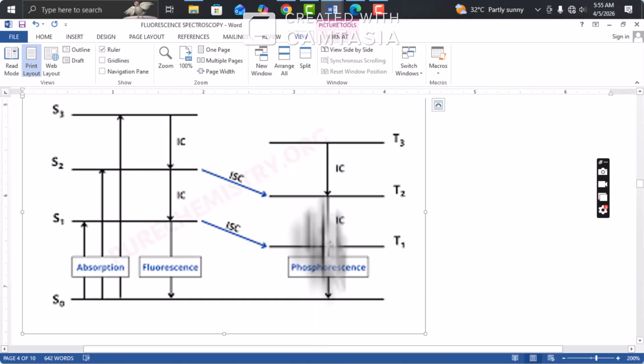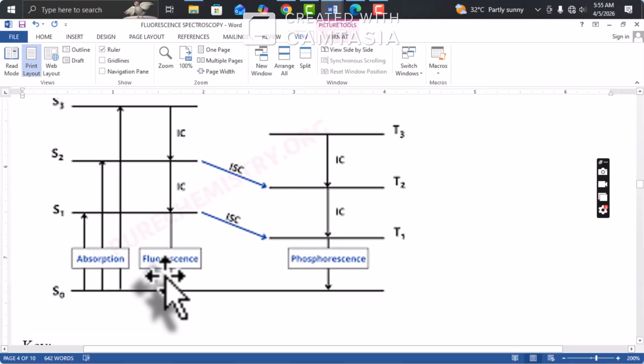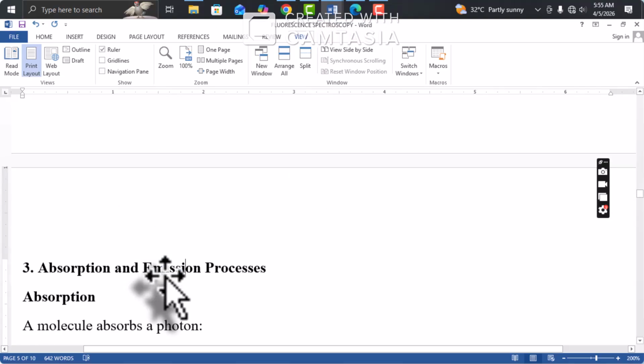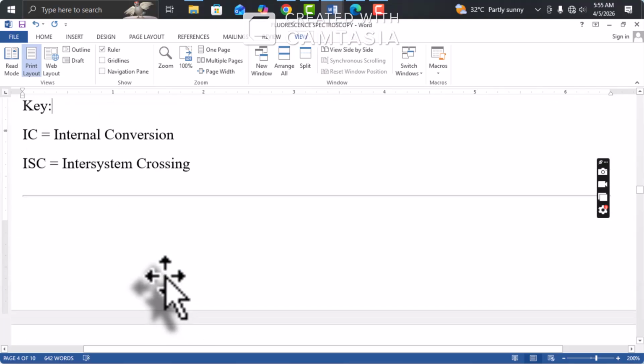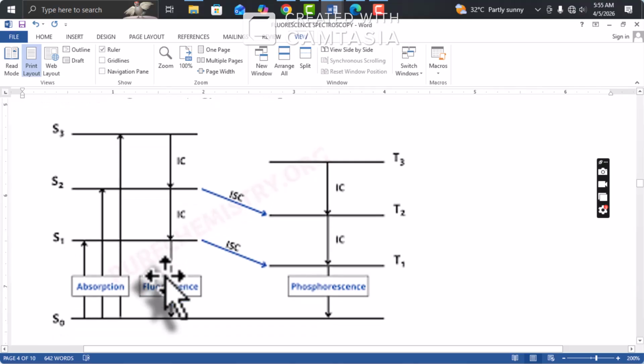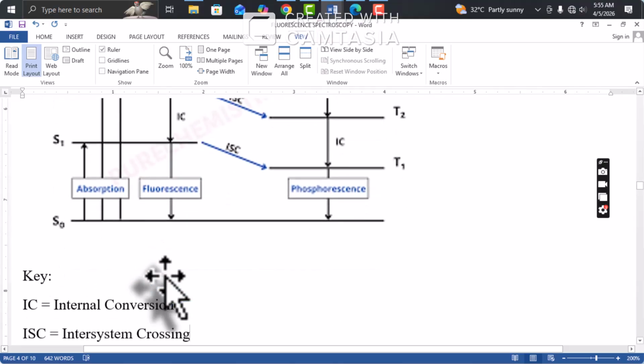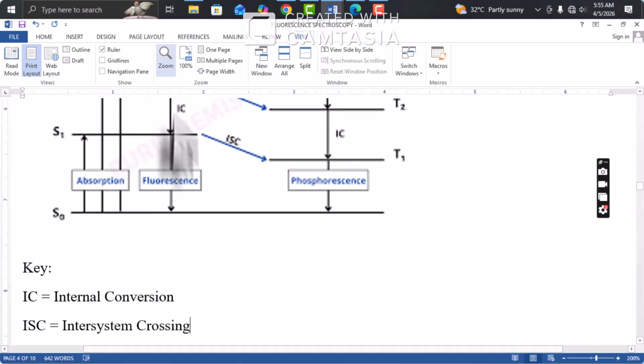That's where you have phosphorescence. So that is the Jablonski diagram. Remember, you have internal conversion, IC, for the fluorescence, but ISC occurs for phosphorescence to happen. So take note of that.